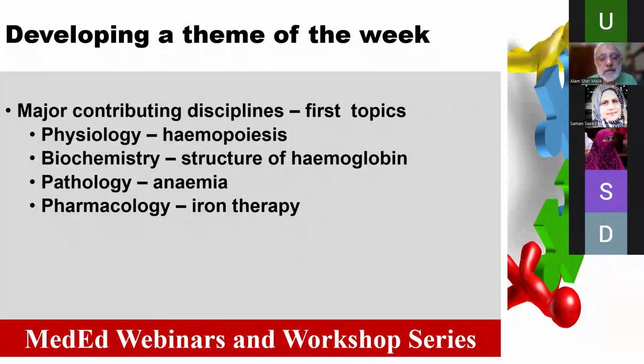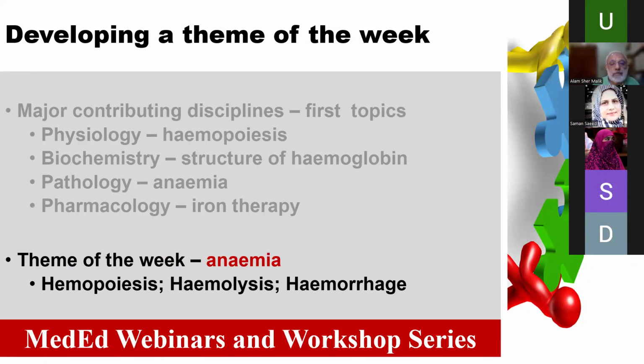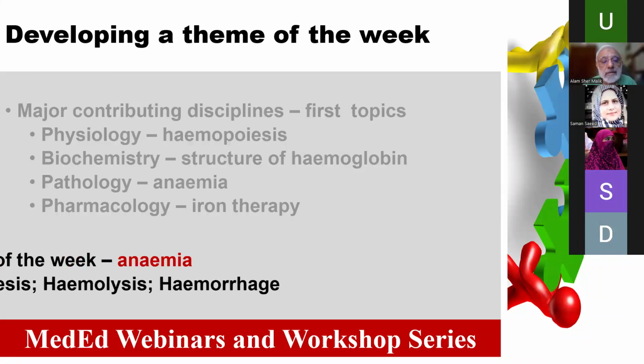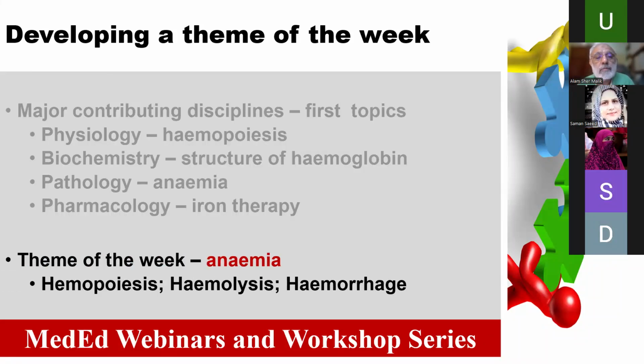And it would be well if we take the topic of anemia, which can cover hemopoiesis, structure of hemoglobin, anemia, and iron therapy. So for the first week of the timetable of this hemopoietic module, we take the theme of anemia. And then we cover the different aspects of anemia: hemopoiesis, hemolysis, and hemorrhage. All these topics can be identified, and then put in a proper sequence.